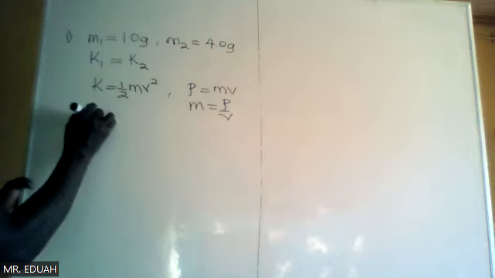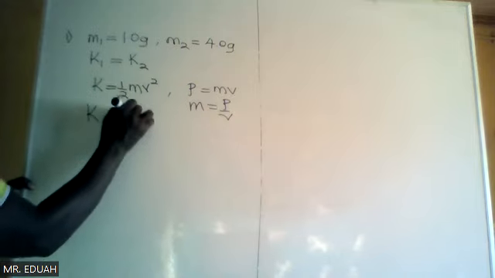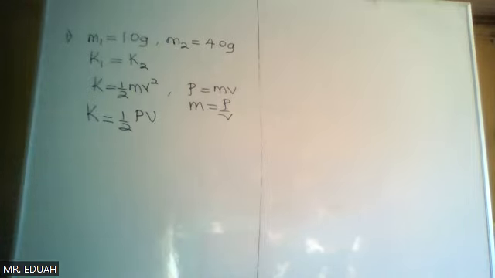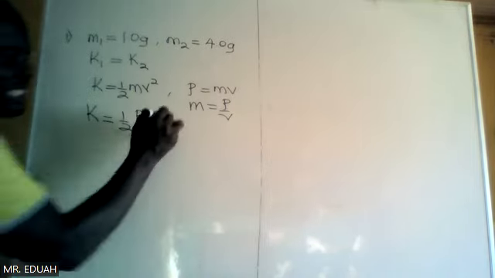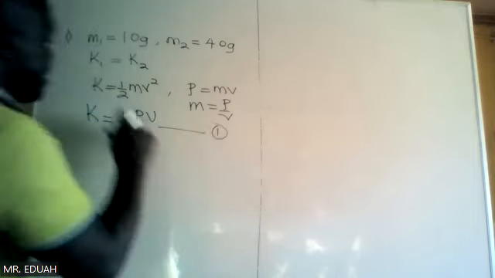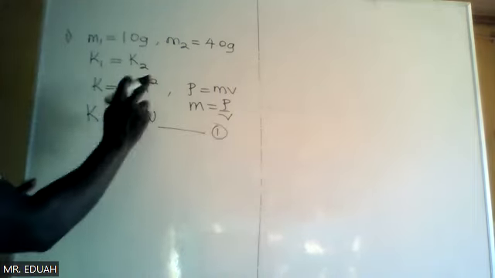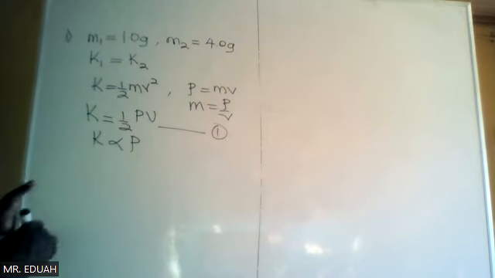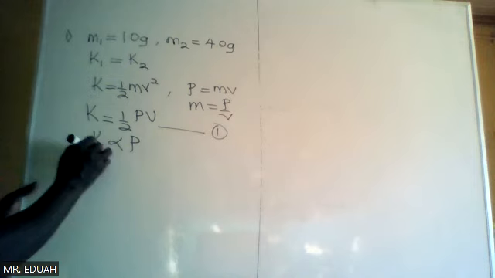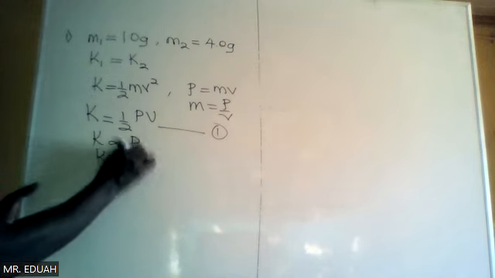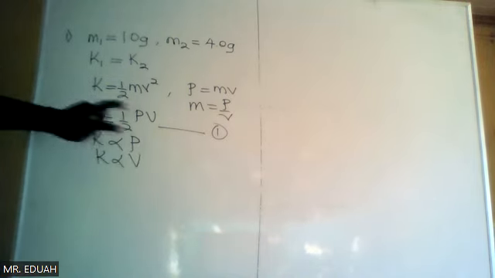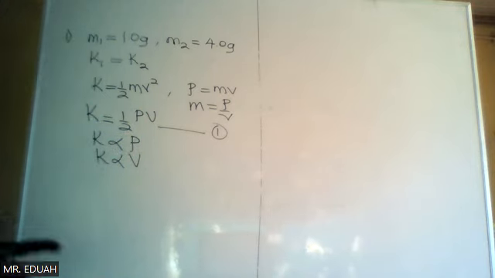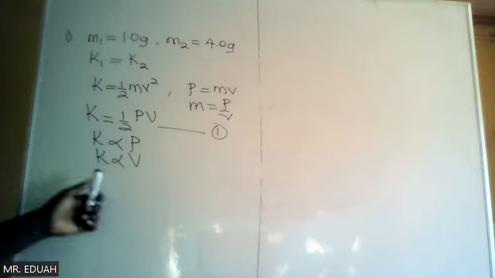So you have K is equal to half pv. So this is one equation connecting kinetic energy, momentum, mass, and velocity. K is directly proportional to momentum, and K is directly proportional to velocity. Here, we are given masses, not velocity, so we can't use this particular equation.